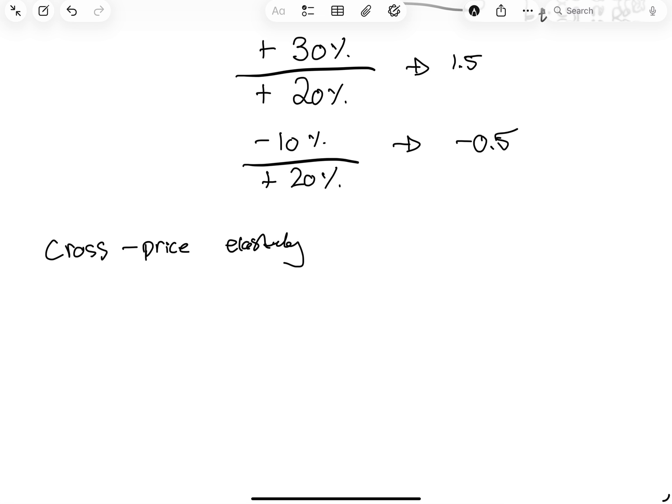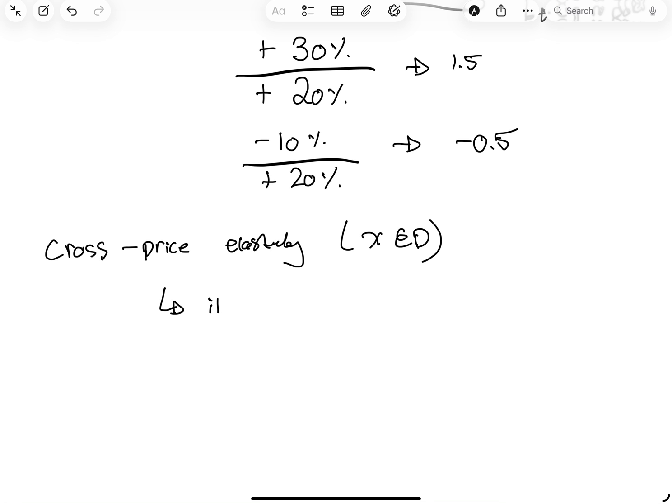And we represent this as XED. So what we do is, instead of using income, we're comparing the price of another good and how that changes. Okay, and I'll break this down in terms of what it measures.